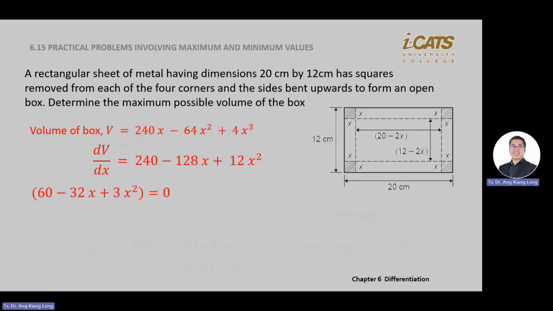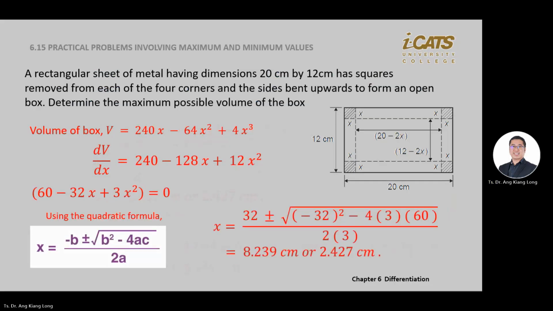You need to design something, you need to find the minimum material that you can use, then you use differentiation. So we expect you to apply this in your final. Meaning there's a quadratic equation in your final.